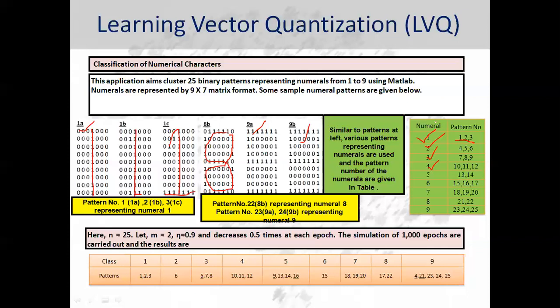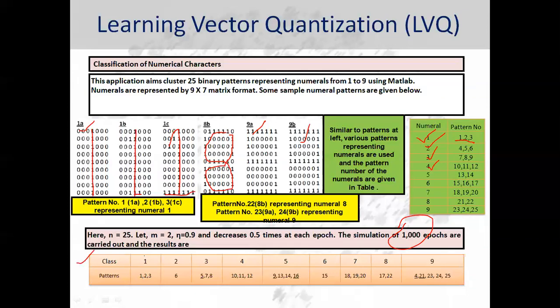And we followed the process as traced in the previous example. And after a number of iterations, or you can say after 1000 epochs, these are the results.